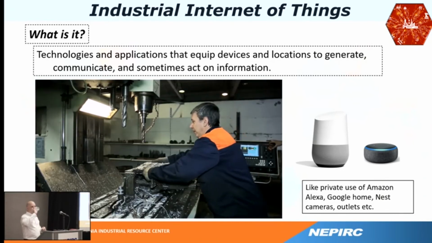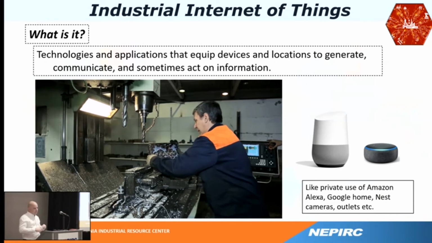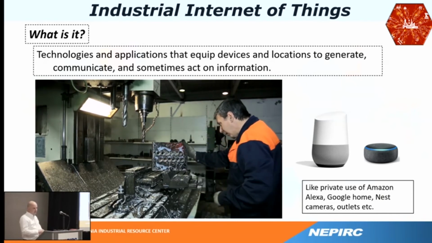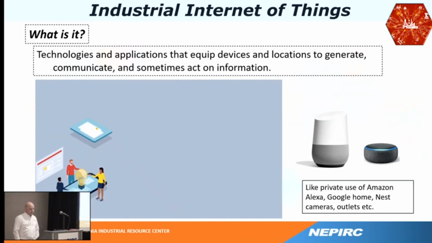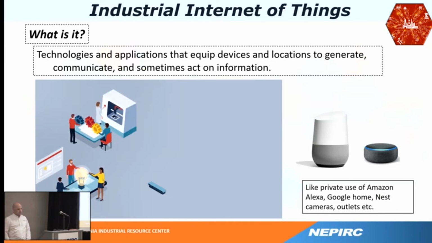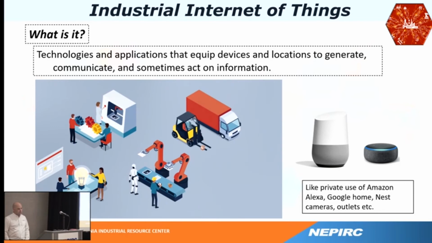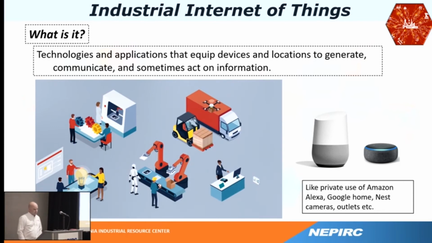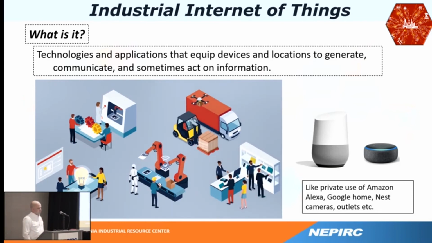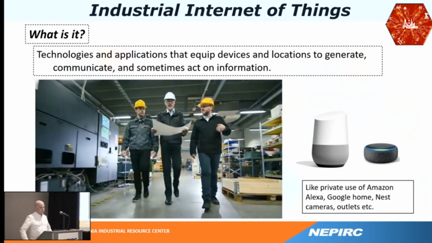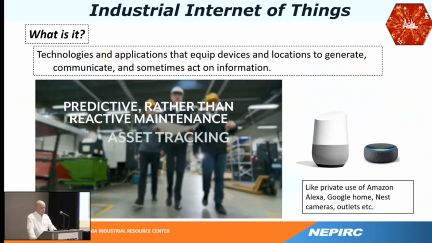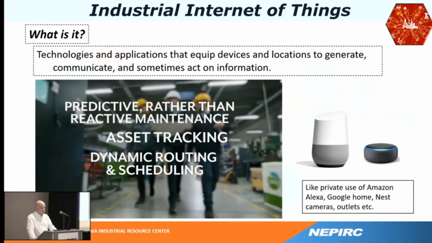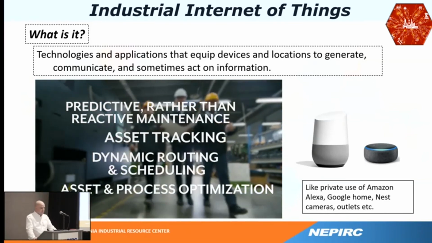Instead of forcing industry leaders to observe a finished process or product and then walk backwards in hopes of finding where problems first began, the IIoT uses embedded sensors that monitor every phase of business activity as it occurs. This expedites data flow and analysis, which leads to fast insights, which in turn speeds up decision-making and corrective action. It also allows for predictive rather than reactive maintenance, asset tracking, dynamic routing and scheduling, and asset and process optimization.